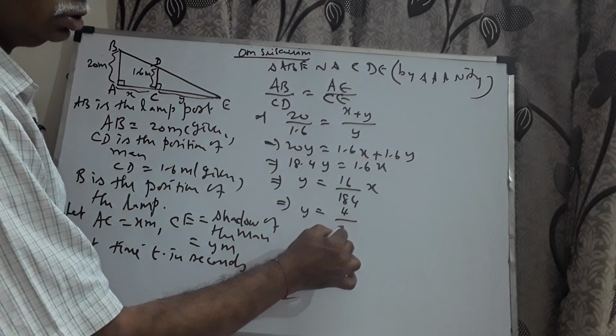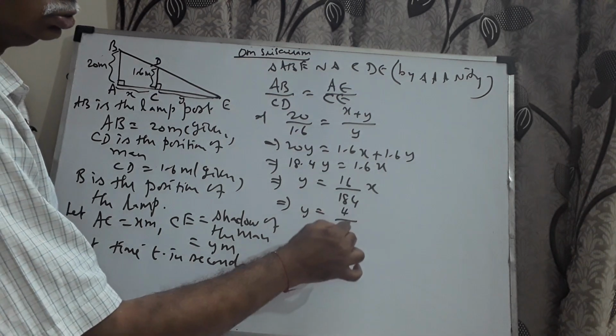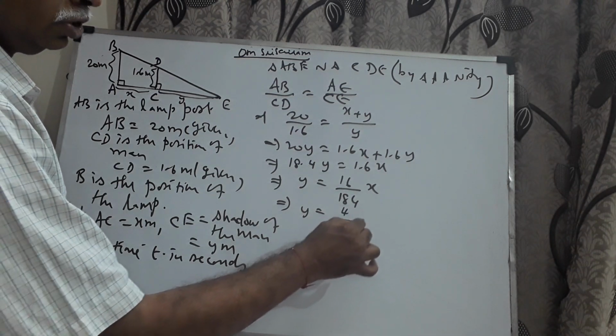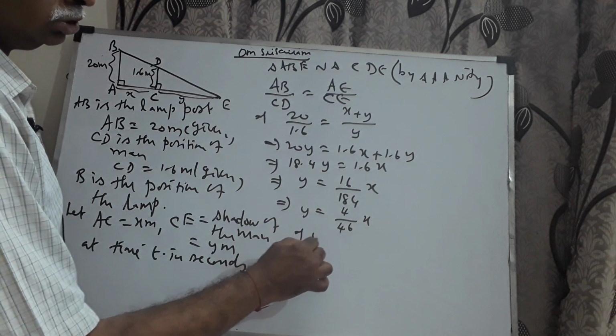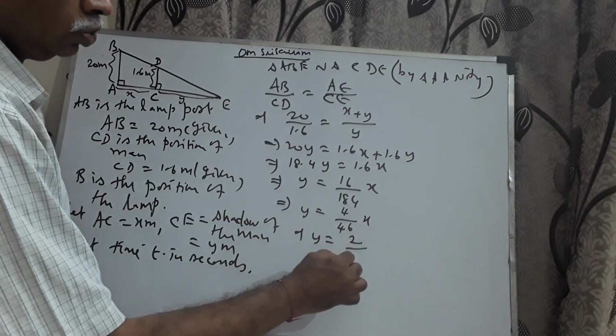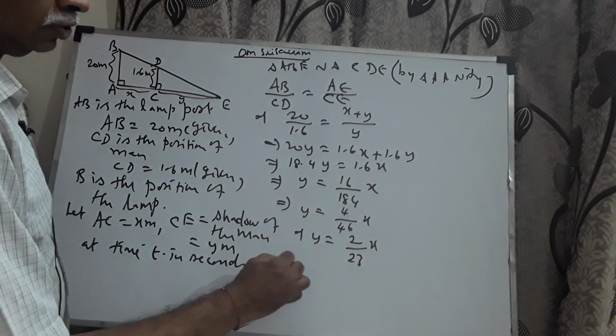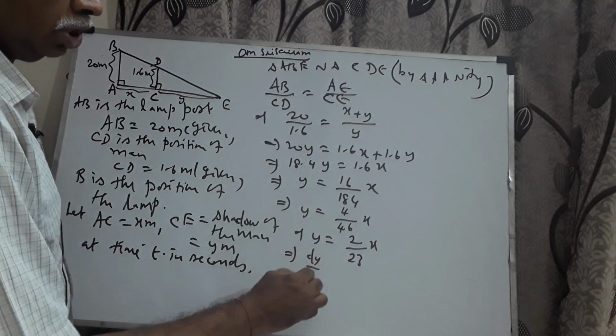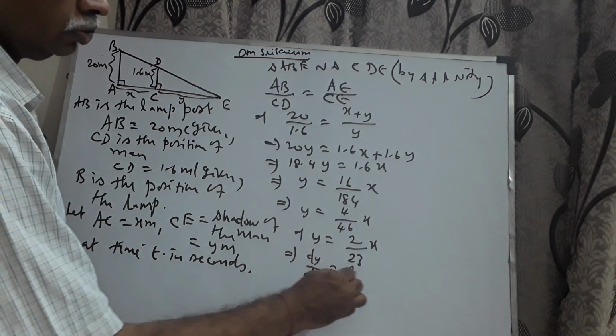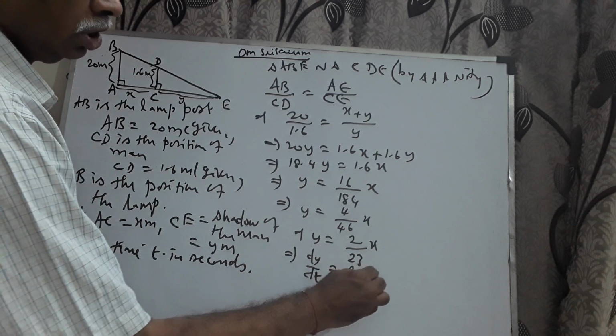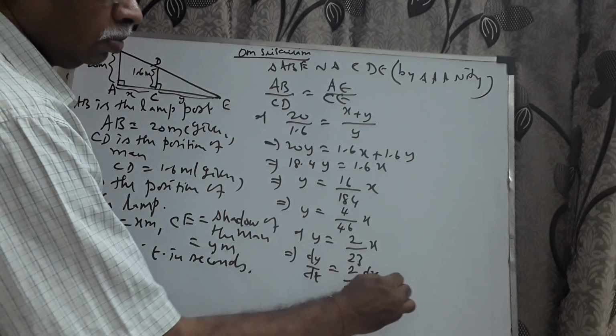Again I will divide by 2, so y is equal to 2 by 23 x, which will imply dy by dt is equal to 2 by 23 dx by dt.